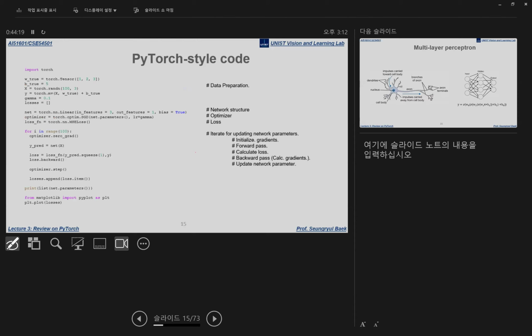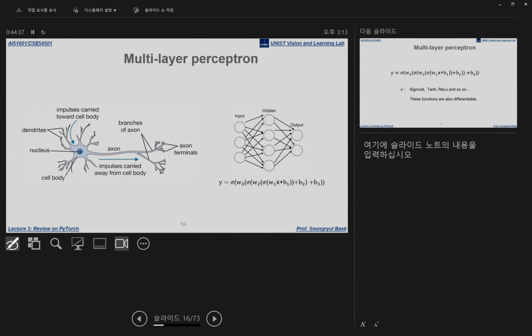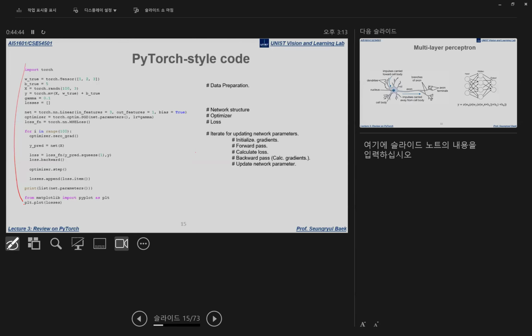Okay, so this is again the PyTorch-style training code. You will always see these lines of code when implementing training using PyTorch. Okay, I will show you that for any architecture you can use this same type of code.